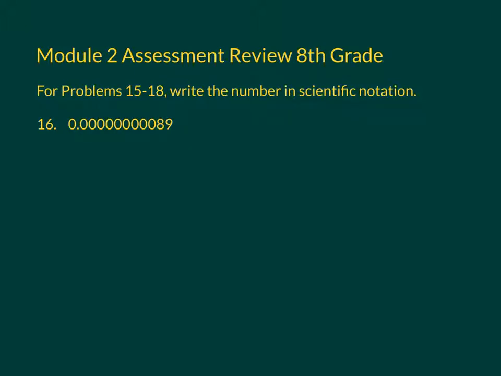For number 16, we have a very small number. We could figure out how to say it correctly, but it's just point, a lot of zeros, 8, 9. So we need to write this in scientific notation. We can see where the decimal is. It's right here. So we need to move that until the number is between 1 and 10. We'll count as we go this time. 1, 2, 3, 4, 5, 6, 7, 8, 9, 10.